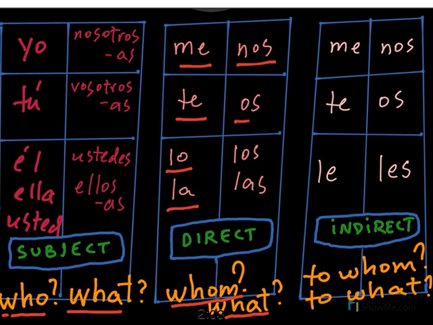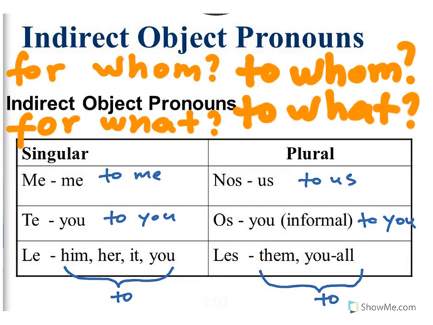Nos will be us, os, you, plural, used only in Spain, you, plural, in Latin America, and them, and it could be masculine or feminine. The indirect object pronouns will be to me, to you, to him, to her, to us, to you, or to them. So note that the questions are fundamental and memorization of the pronouns as well.